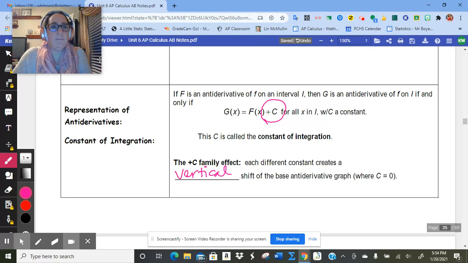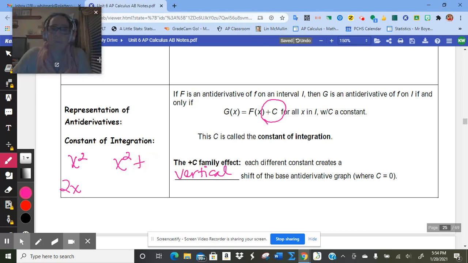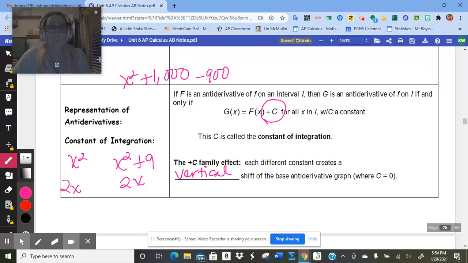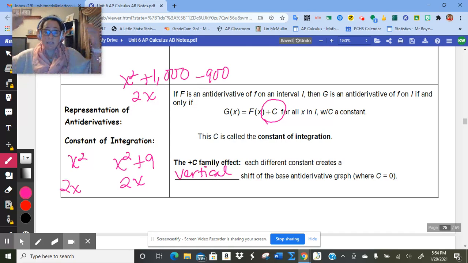So kind of think about if I took the derivative of x squared, I would have 2x. What if I took the derivative of x squared plus 9? I would have 2x. What if I took the derivative of x squared plus 1,000 minus 900? I would have 2x. Okay, so when we take the antiderivative, we can't know what that constant was.